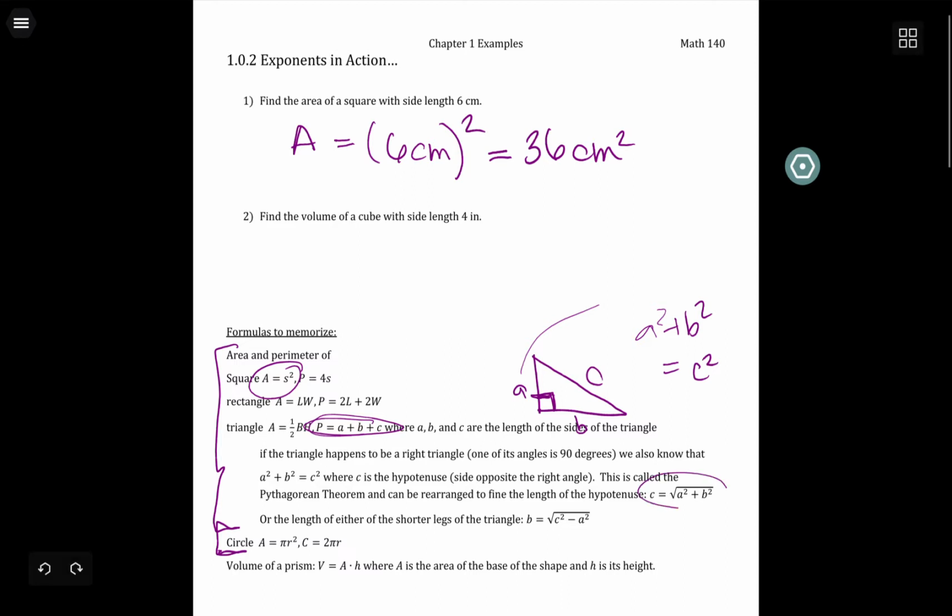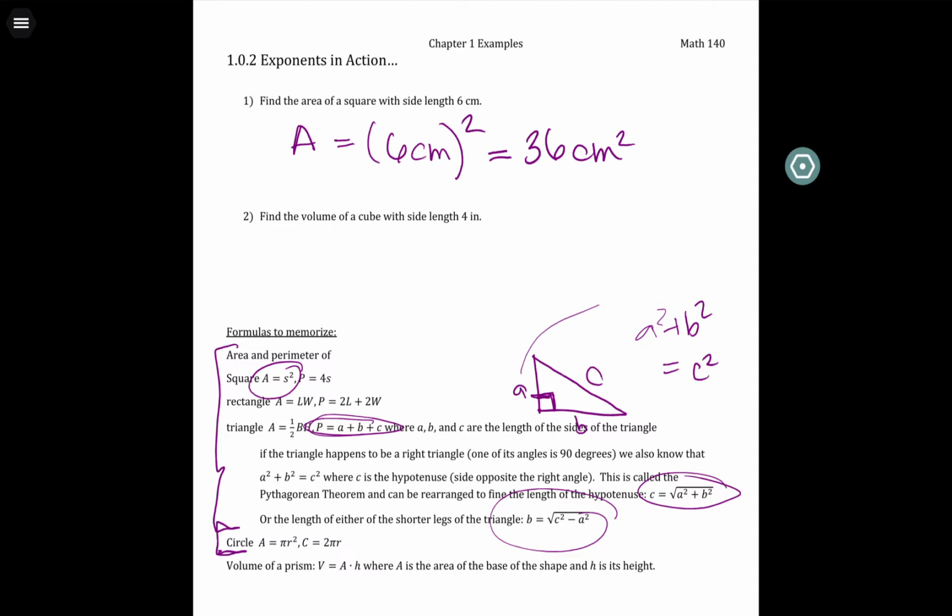And we're doing algebra, so we'll want to be able to rearrange these ourselves, but just for this getting started, where we haven't really done a lot of algebra yet this quarter, I did rearrange them for you, so if you need that, you can use it. In, I don't know, I would say a fairly short while, we should be able to do that ourselves. Okay, so area and perimeter of our basic 2D shapes and the Pythagorean theorem.